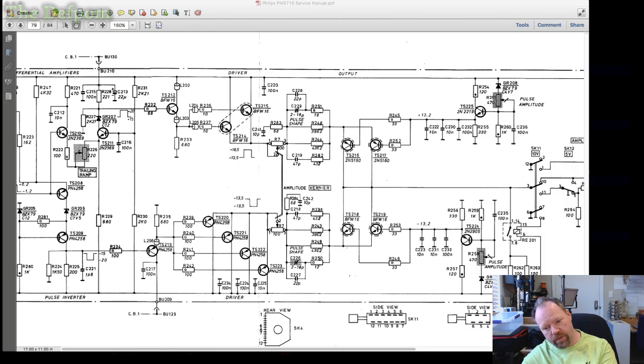This is showing op amps are being used on a tone board at least. So let's just save this manual because otherwise I might bloody lose it or something. I'll open it up properly in the top window.